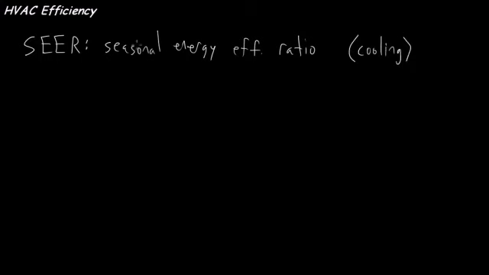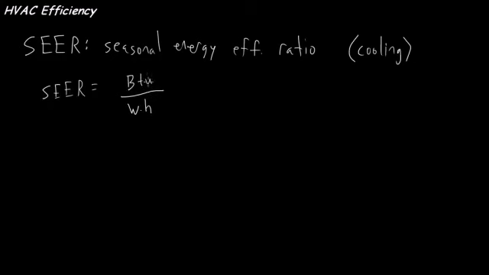It refers to, over the course of an entire cooling season, how much energy is taken out of the space compared to how much energy was put into the compressor. So SEER is equal to how many BTUs we removed from the space in the cooling season divided by how many watt hours of energy we supplied to the compressor.